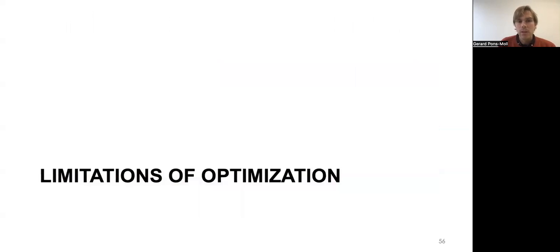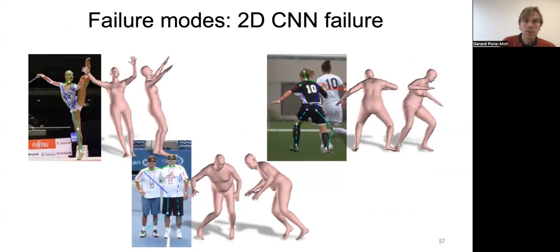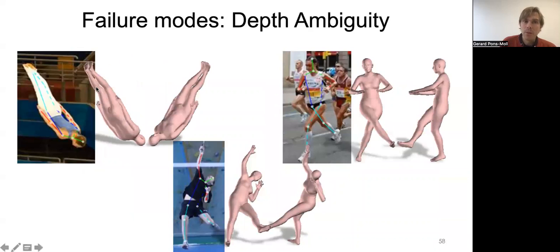All right, but there are still lots of limitations of optimization-based methods. Essentially, when the detector fails, of course, these methods also fail because they are based on fitting the model to the detections. Depth ambiguity can be resolved to some extent with the body model, but for certain images it's still very ambiguous. So for example, here we have these two fits that are basically incorrect.